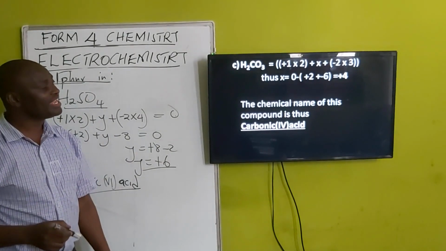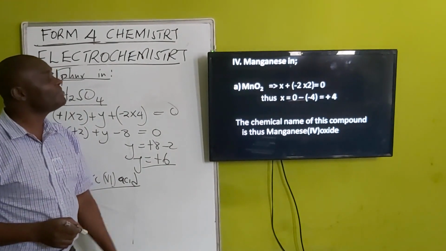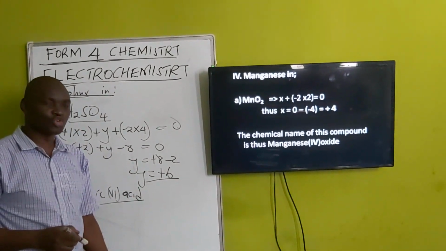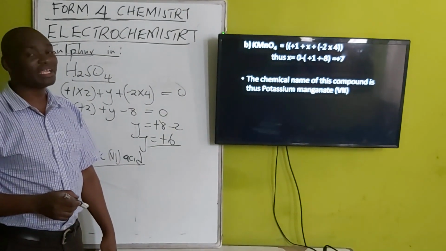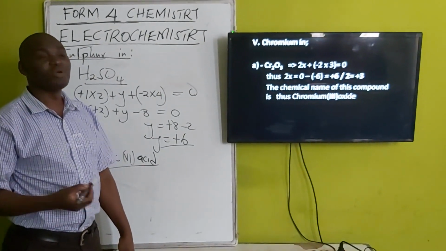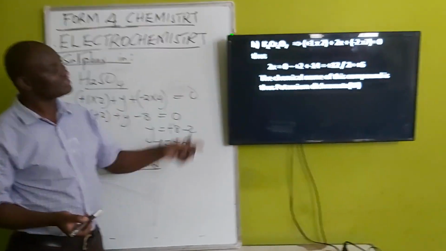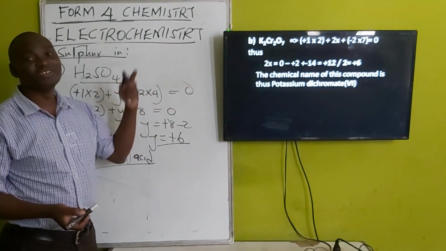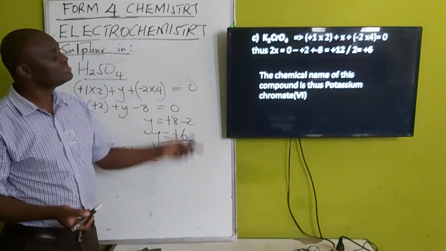Then you give it a name. The same can apply to manganese in MnO2. You can see the same trend. Then when we come to chromium, you can calculate that in potassium dichromate, then come up with the name.